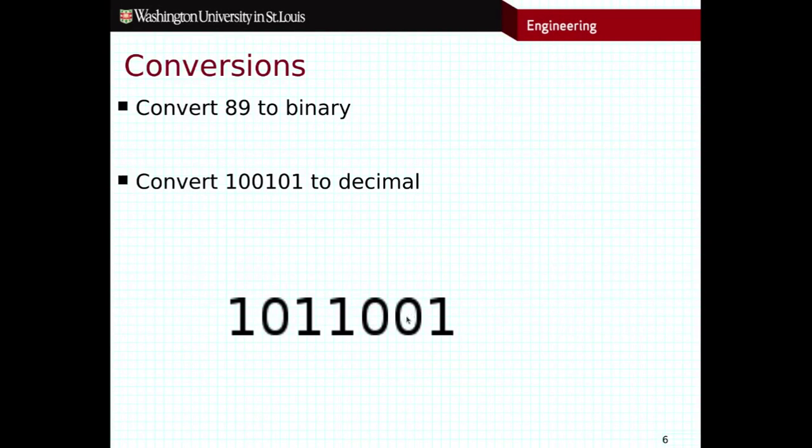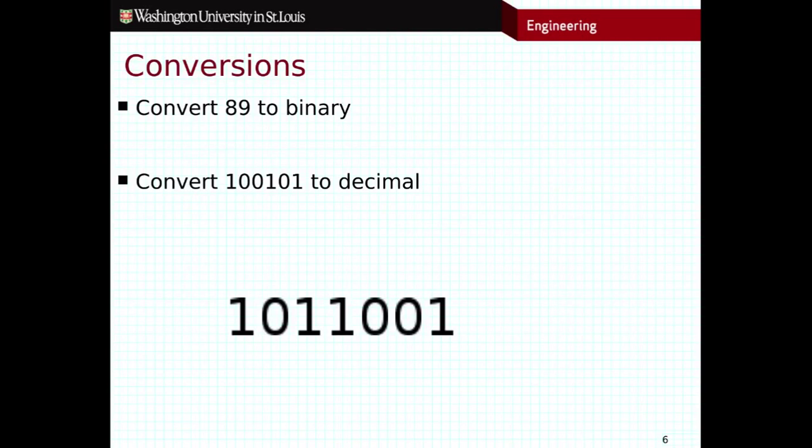So this is the 2's place, this is the 4's place, this is the 8's place, 16, 32, 64, etc. So in order to represent an odd number in binary, this very last bit will always be 1. If it's an even number, this very last bit will always be 0. So that's a neat little trick to keep in mind as you're performing these kinds of conversions.